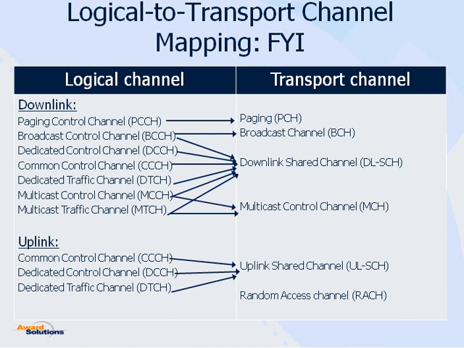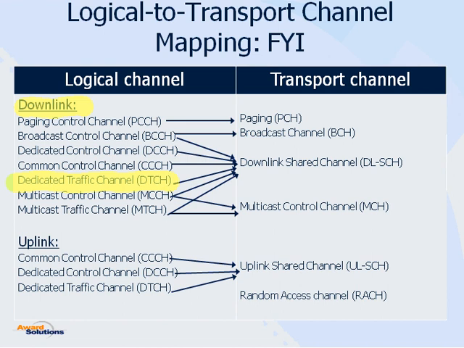The next couple of slides give you the mappings among logical, transport, and physical channels. For example, in the downlink, the dedicated traffic channel would carry email, web page bits, voice or IP bits, etc. What is it that we are sending?